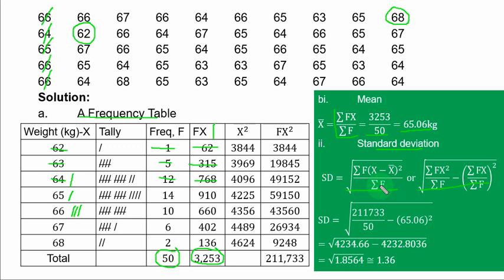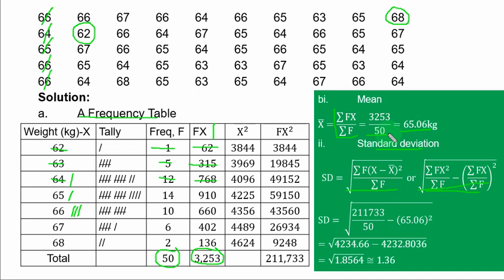So I'm going to add about 3 columns to the table after the fs column. I'm going by the second one. The second one is the square root of summation fs squared over summation f, minus the bracket of summation fs over summation f squared, the same as the mean that you obtained earlier.